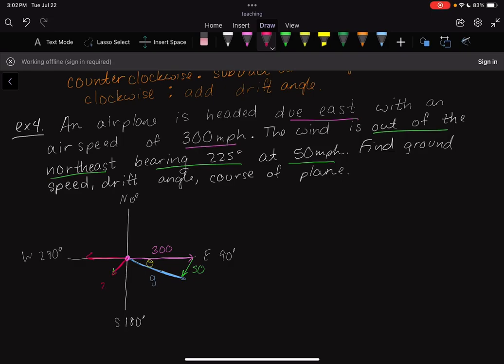This is 225 degrees. So my question to you, how far away is 225 from 270? It would be 45 degrees. That means that over here, this is also 45 degrees.